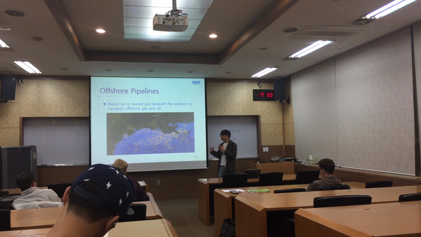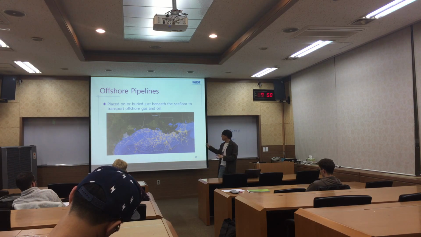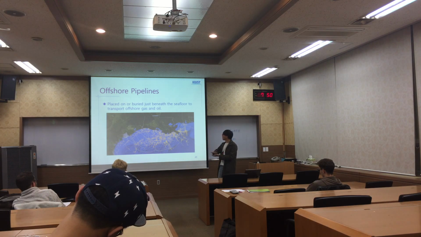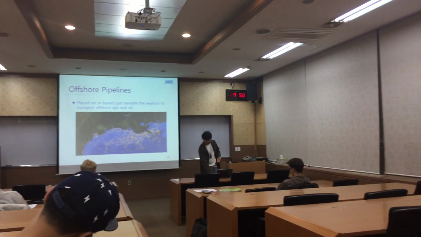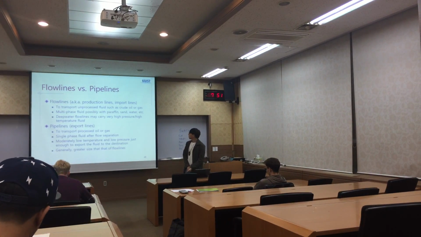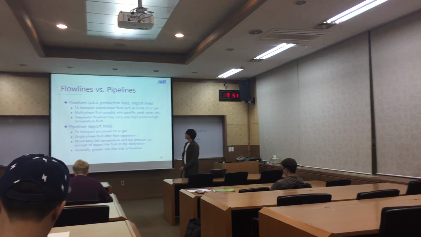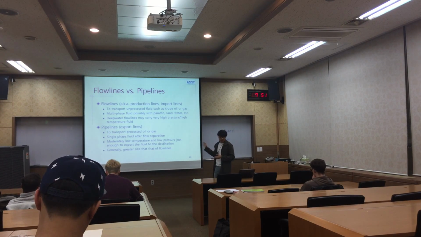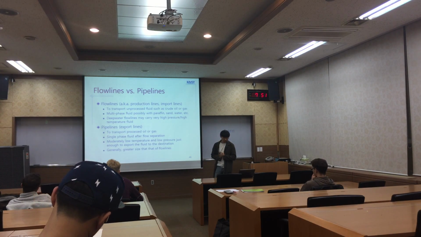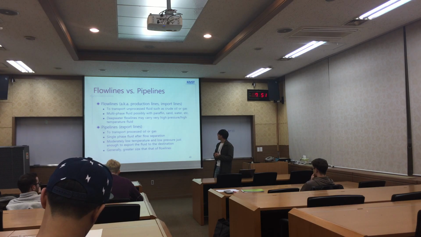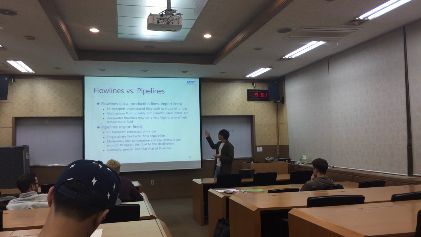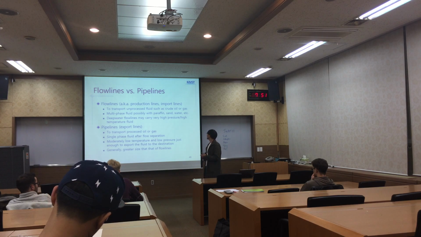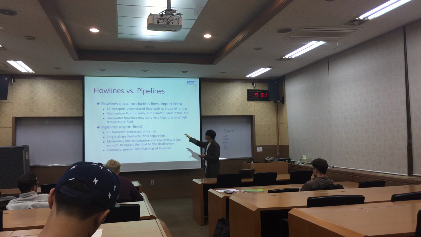Some of them are buried, and some of them lie on the seafloor. And we can also see two terminologies: flow lines and pipelines. Flow lines are also called production lines or import lines, and pipelines are also called export lines.